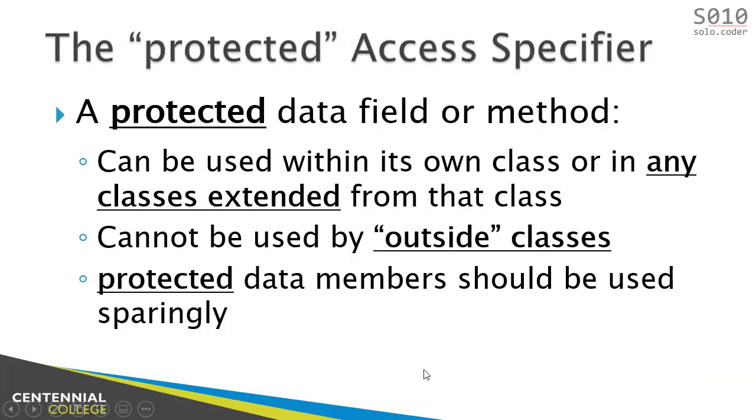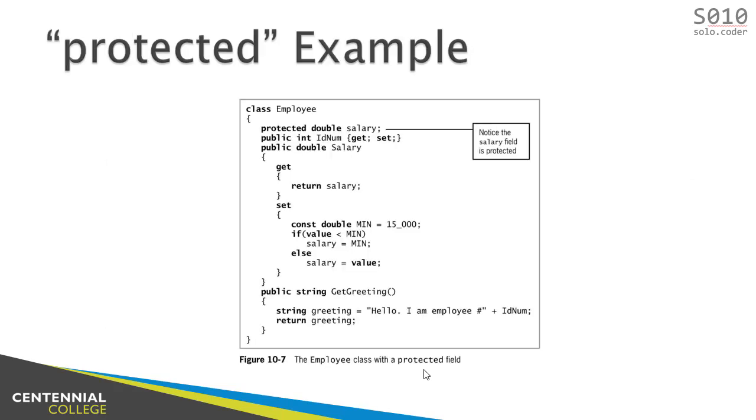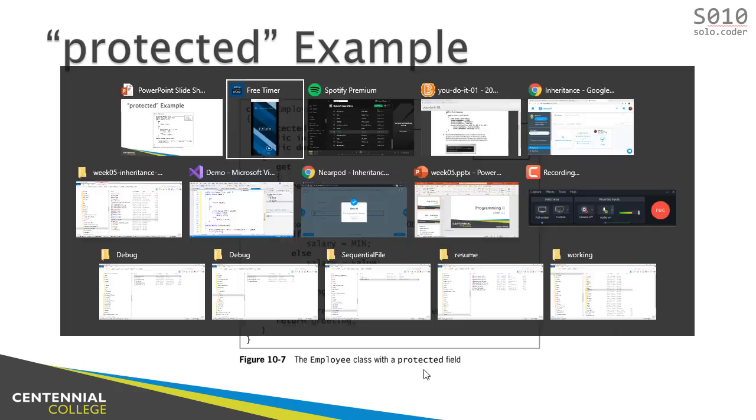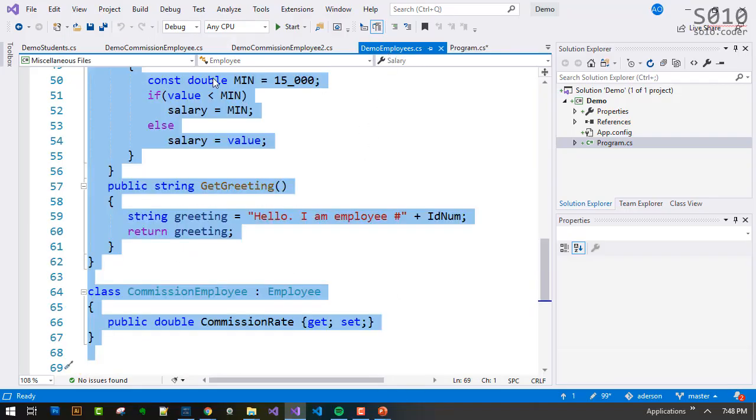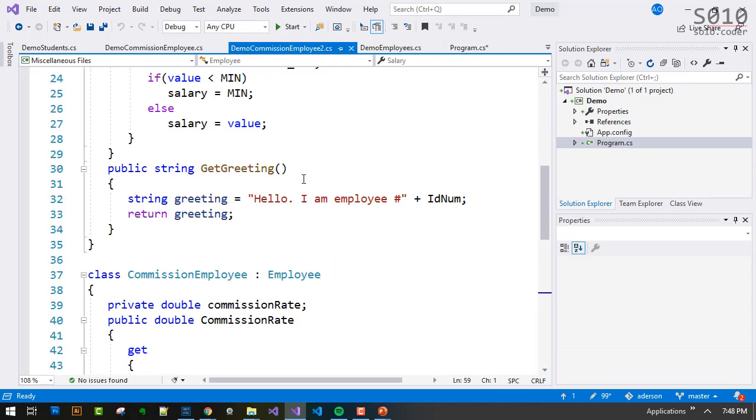Okay, so we have discussed protected a little bit. Protected means that it's accessible inside the class and to the children as well. Okay, here's an example. We have the same class Employee. Let me see here, demo 2.